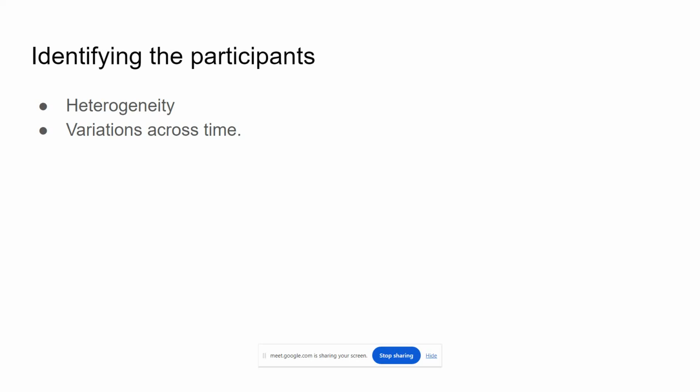There are a lot of research methods that say the sample should be homogeneous, right? There shouldn't be much variation within the sample, because that creates the standard of the research, right?